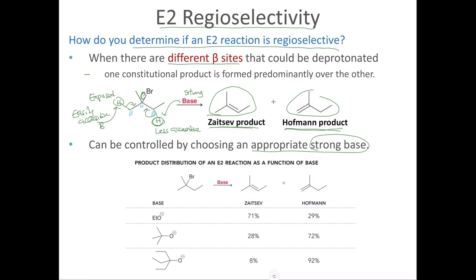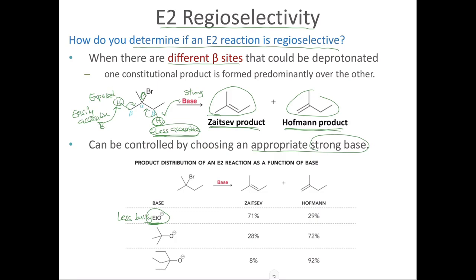The way we do that is we can choose a base that is less bulky. The less bulky base is going to be able to remove the less accessible proton because it is able to find its way to the hidden proton and remove it. So that will favor the formation of the Zaitsev product.